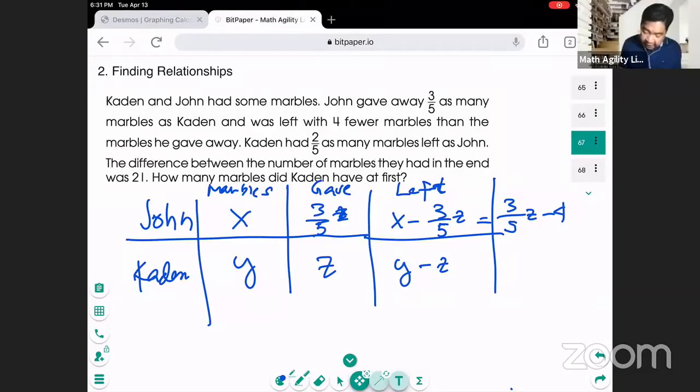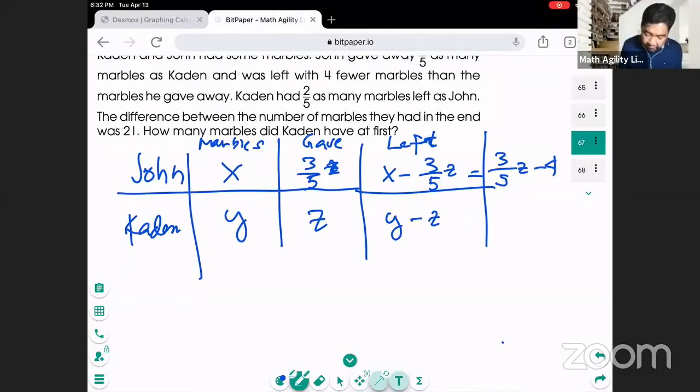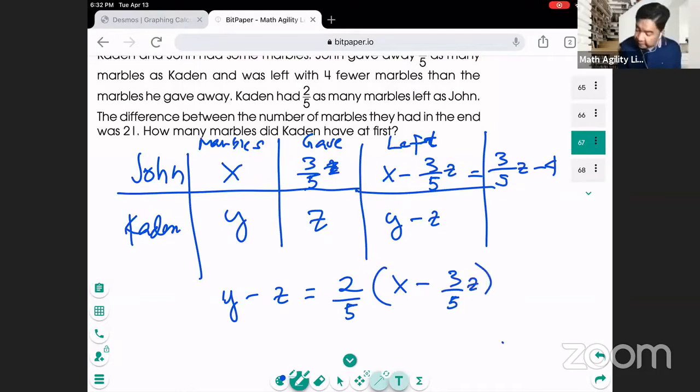So this Y minus Z, the number of marbles left with Caden, is actually equal to 2/5, not 3/5, 2/5. So let's write it here. Y minus Z is equal to 2/5 of X minus 3/5 of Z, right?